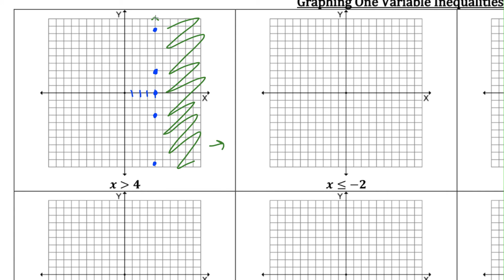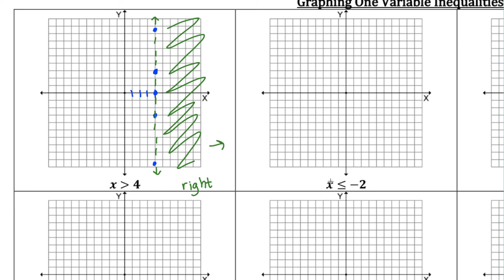So I'm going to show where all these points get close to. They all get close to these points, but they never quite reach here. All right, and let's look at this next example. Well, let's back up. X is larger than 4, so all the ones that were larger were to the right.